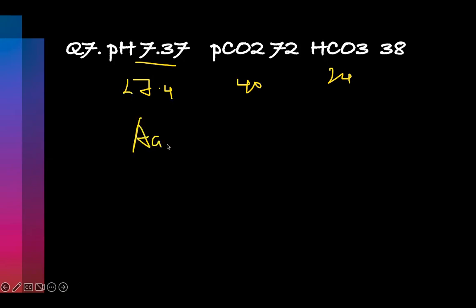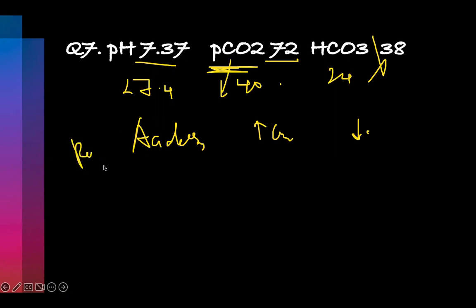It's an acidosis. So then you say, what causes acidosis? CO2 goes up, bicarb goes down. What happened to CO2 here? It went up. What happened to bicarb? It went up. Therefore, this is not my problem. This is causing the problem. And what is CO2? It's a respiratory problem. So this is a respiratory acidosis.